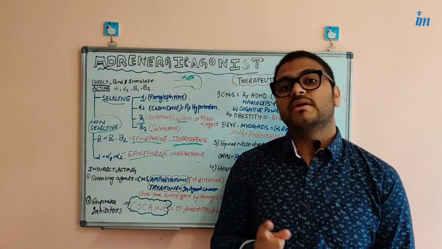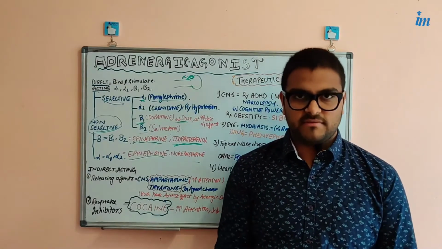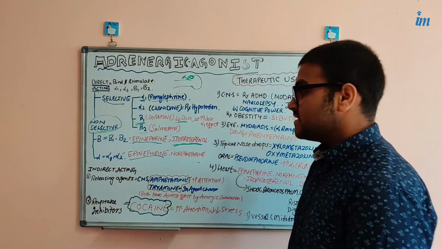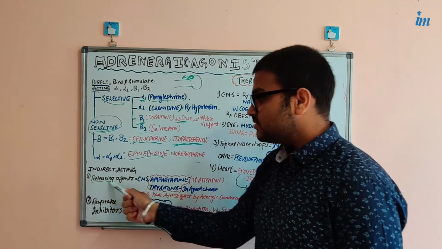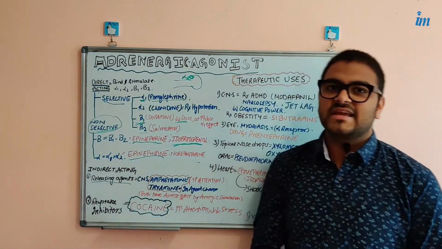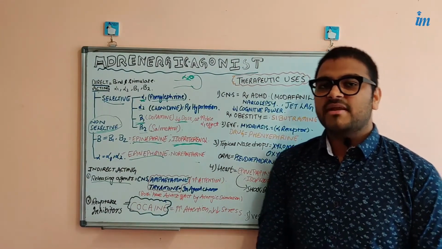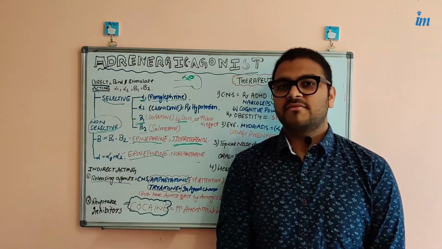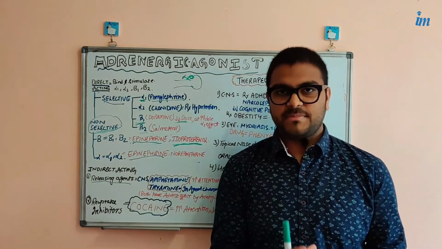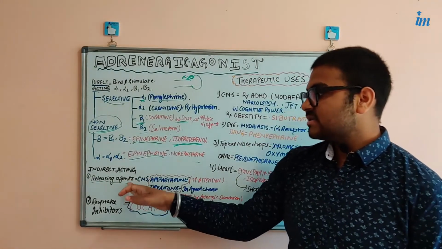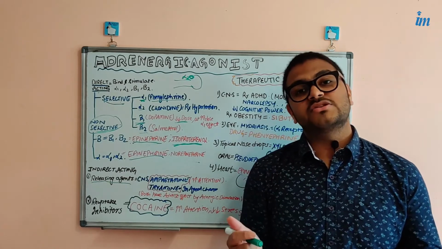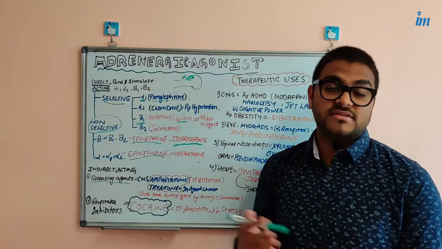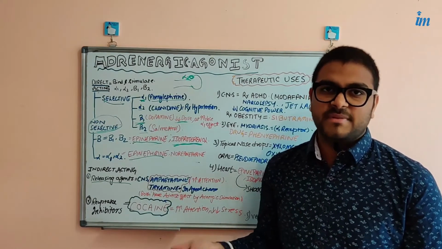What are the ways to increase the neurotransmitter norepinephrine in the synaptic cleft? We'll see. First of all, some drugs are releasing agents. What do these releasing agents do? If you remember from my last video on the synthesis of norepinephrine, I told you that norepinephrine is packed in the synaptic vesicles, and these drugs somehow cause these synaptic vesicles to fuse with the presynaptic membrane of the neuron, and the norepinephrine is released into the synaptic cleft.